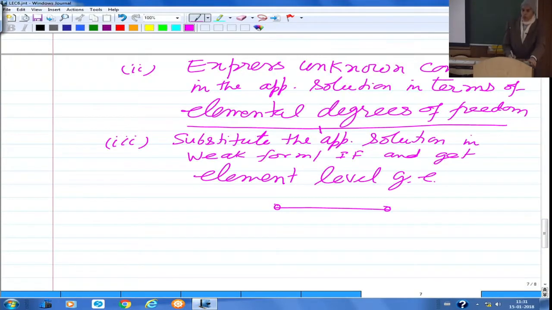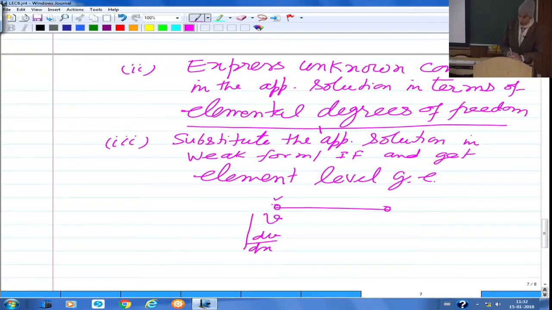These are the two nodes, and in a given problem the primary variables are v and its first derivative dv by dx, because this element would get connected with the other elements. Unless we have these primary variables as degrees of freedom at the end nodes, we cannot ensure their continuity. So we need to have these as the nodal degrees of freedom.